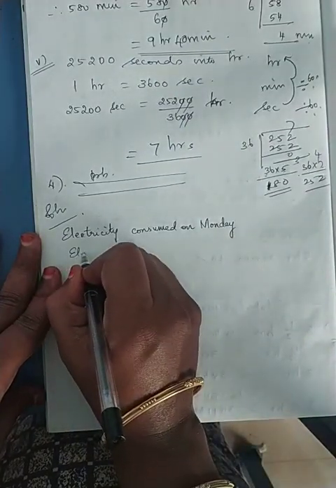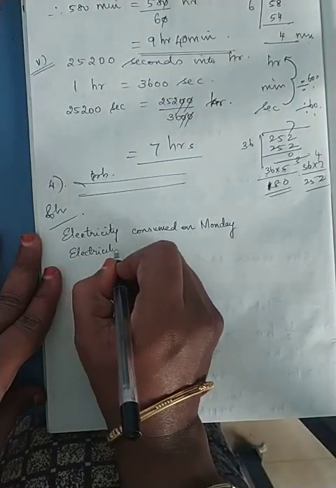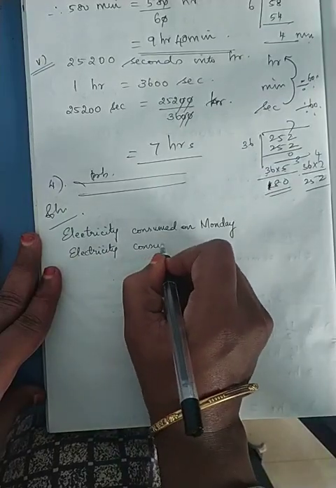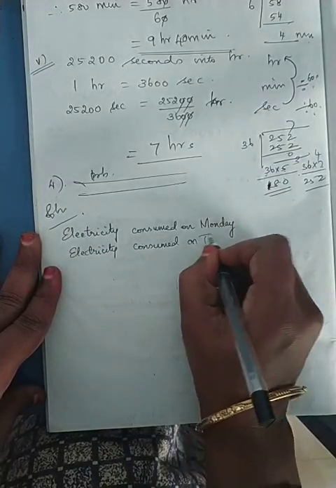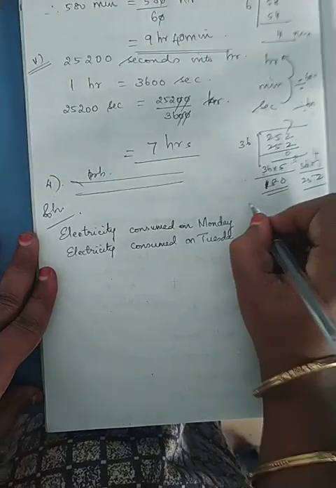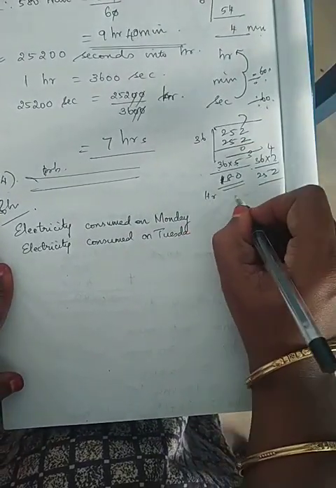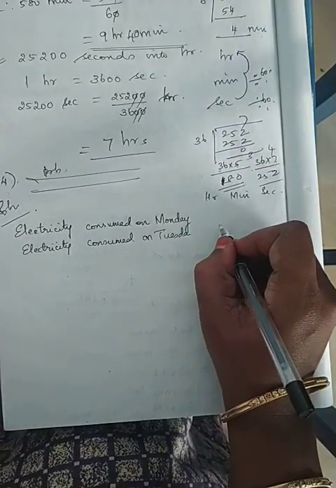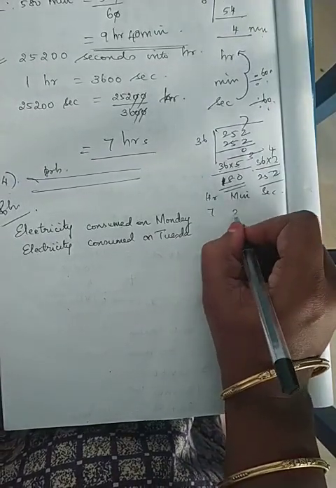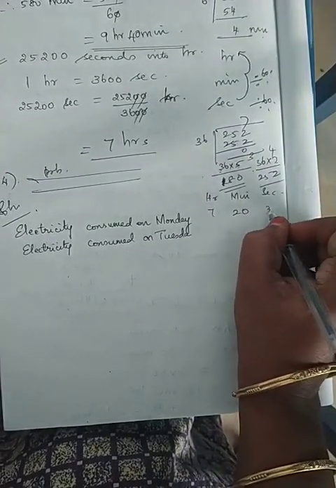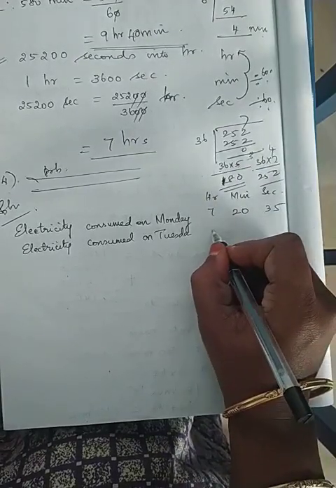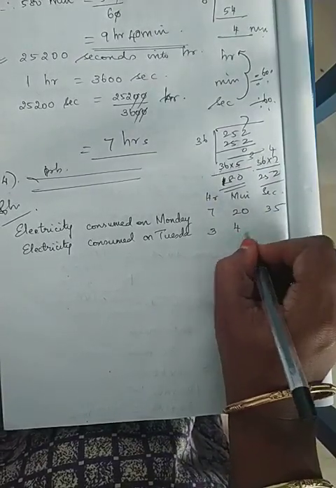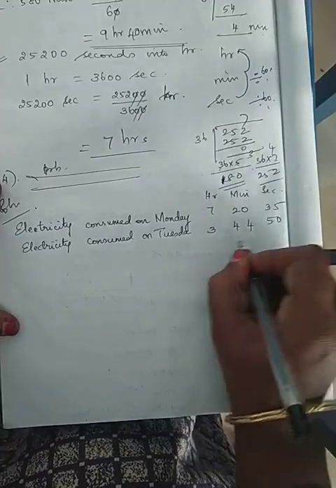Then electricity consumed on Tuesday. These are all the durations. So on the top you can write hour, minute and second. First one, for Monday they have given 7 hours 20 minutes 35 seconds. Here they have given 3 hours 44 minutes and 50 seconds.